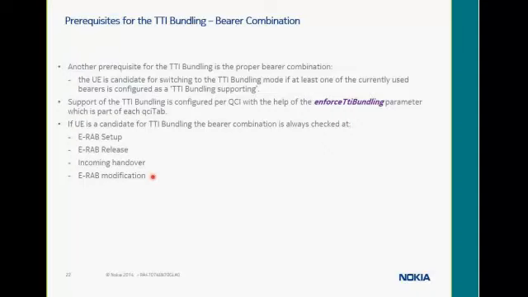And then anytime I do a modification to ERAB, to the bearers themselves, I may have to check to ensure that the bearer TTI bundling functionality is available for the subscriber. If it's not enabled, then I cannot do TTI bundling for that subscriber.